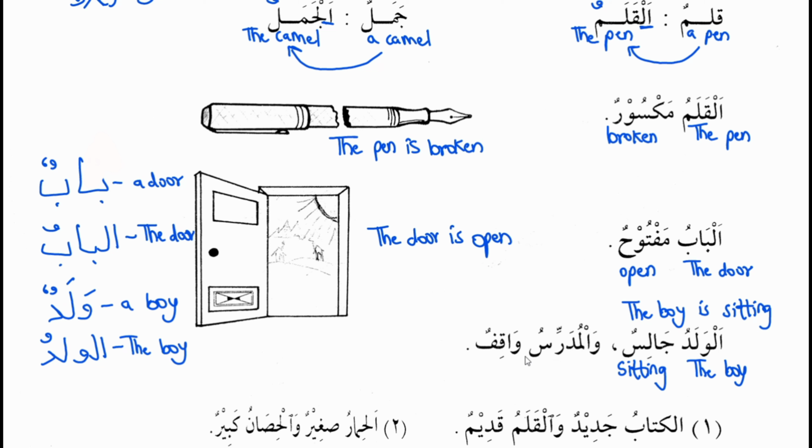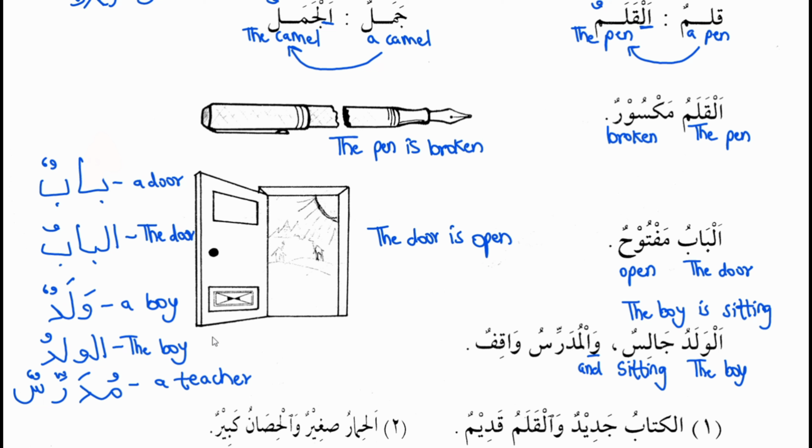Wal mudarrisu. Now wa means and, mudarrisu. We know that mudarrisun means a teacher, which is an indefinite noun.